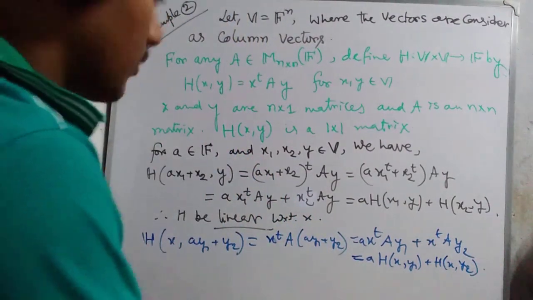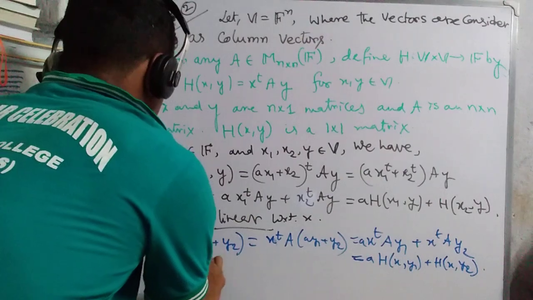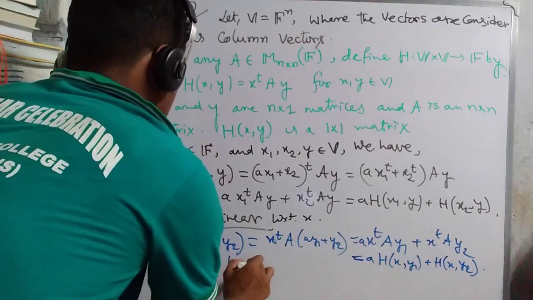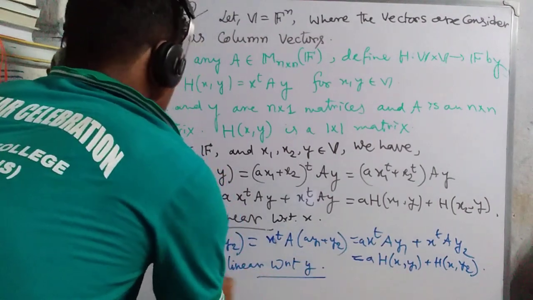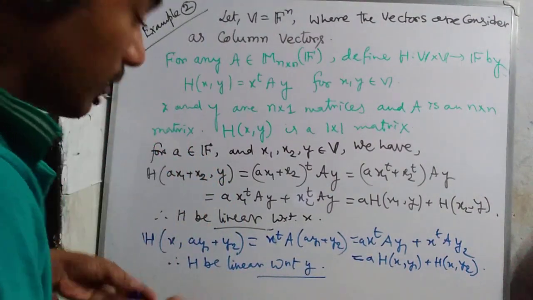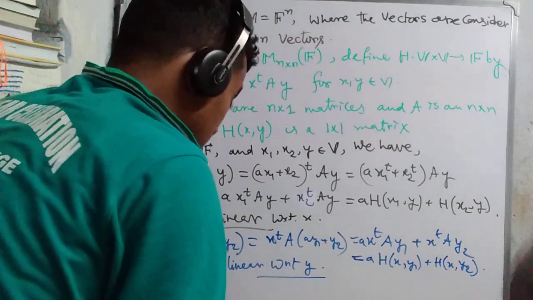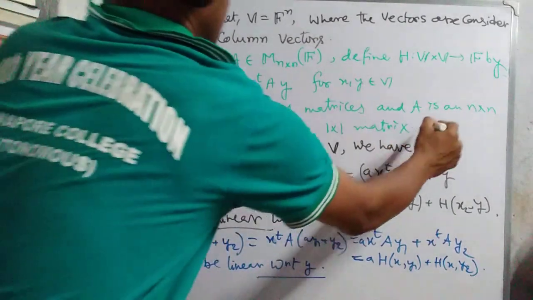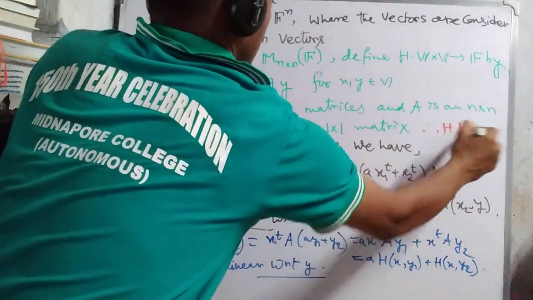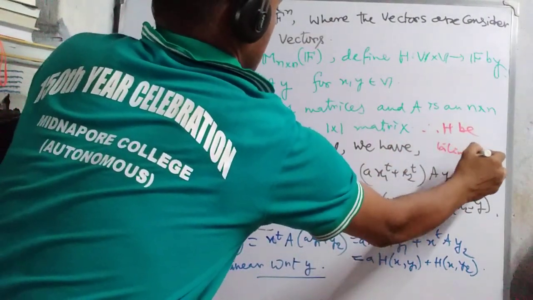So we write H is linear with respect to y. This one we write as H bilinear.